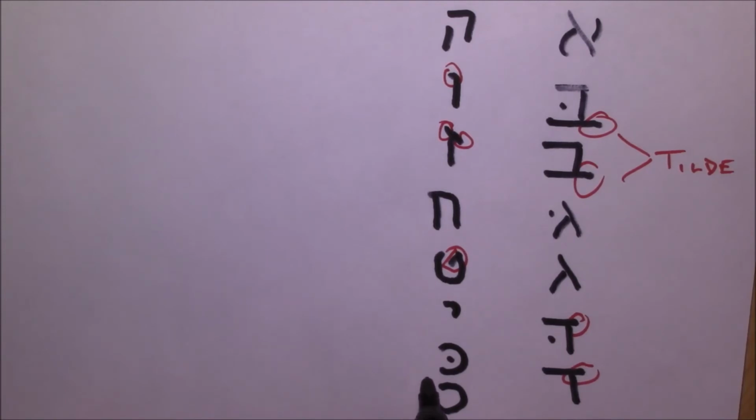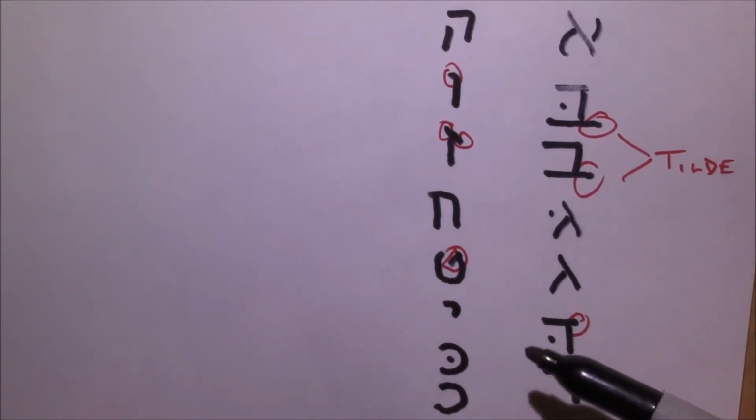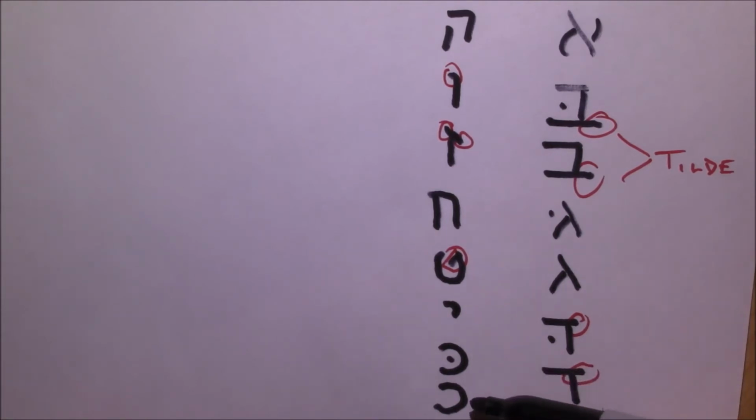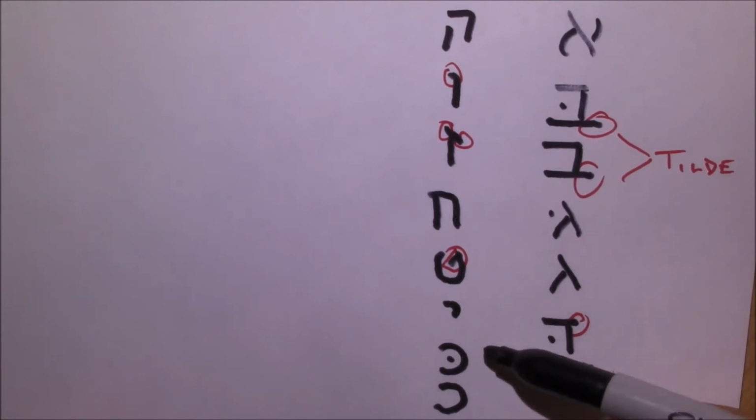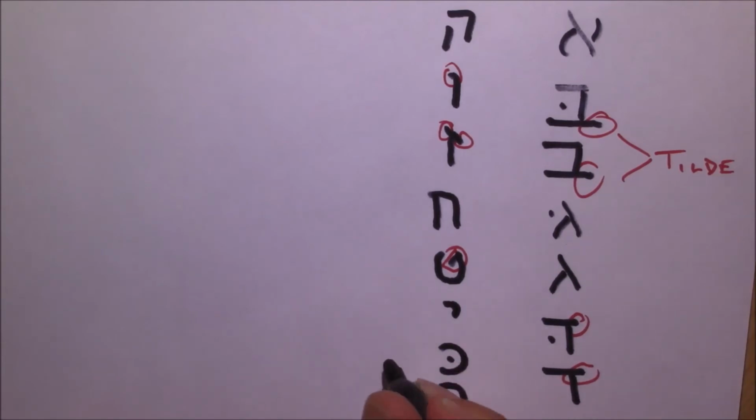Now the thing about Kaf is it's our first letter that can appear with a final form. If Kaf shows up in a word at the beginning or in the middle somewhere, it will look like this. If it's at the end of the word, it will always look like this. It will go below the line. It will look almost like a dalet, except it will be longer.